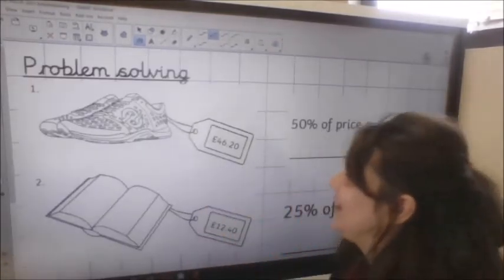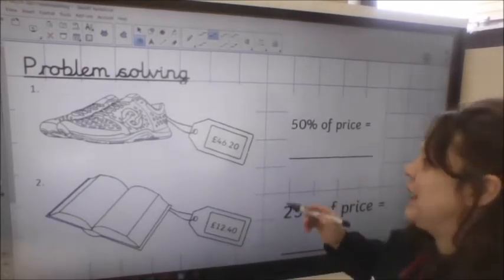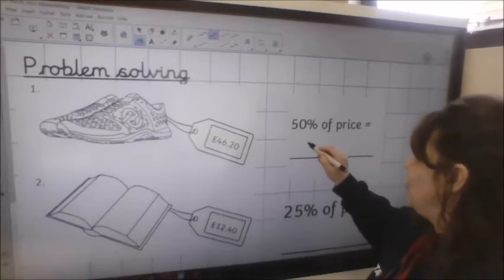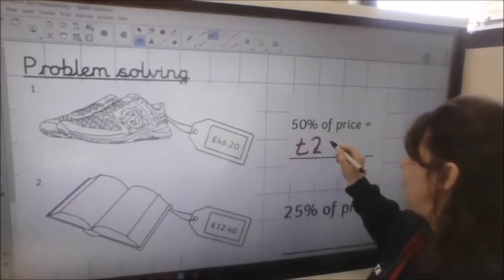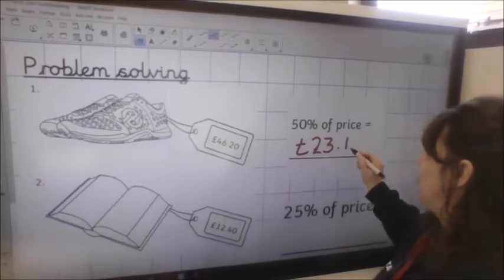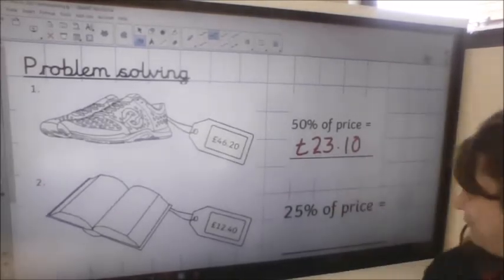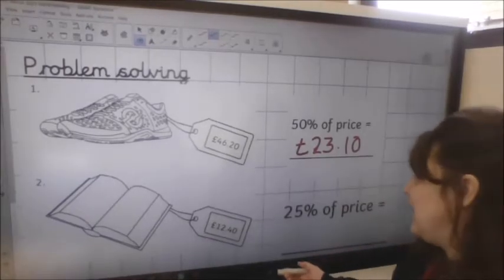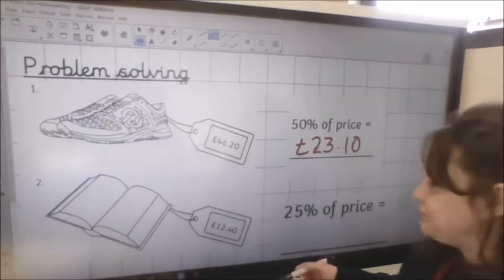Okay, Year 6, let's have a look how you did. £46.20. If we have a little look, half of that is £23.10. 25% of £12.40.